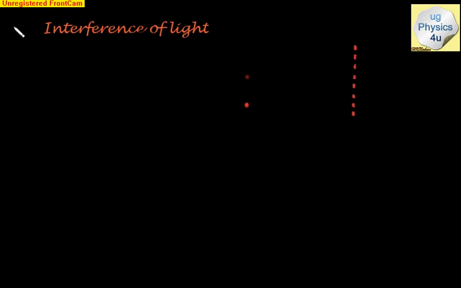Hello students, in the last video we have seen that when two waves from these two coherent sources of light start and meet at the screen, they produce brightness or darkness. These kinds of fringes, which are interference fringes, are created.